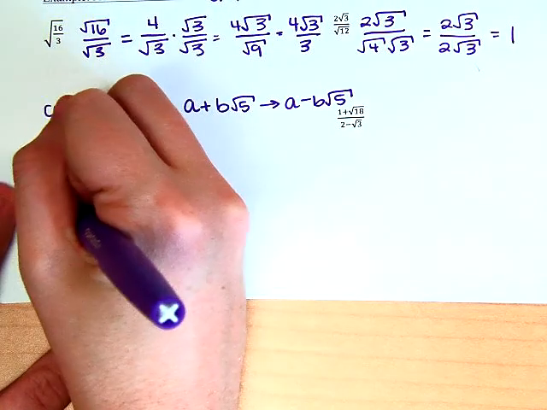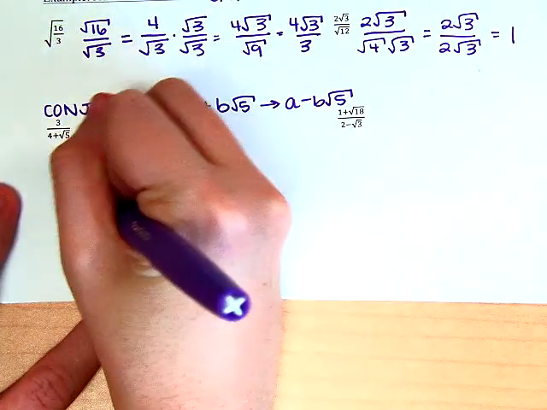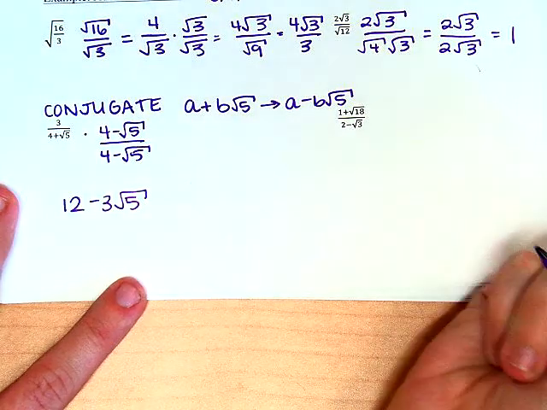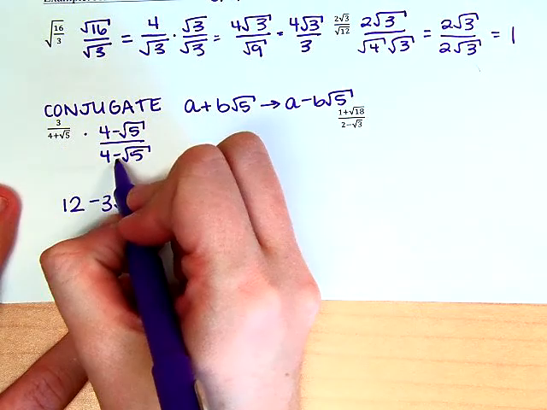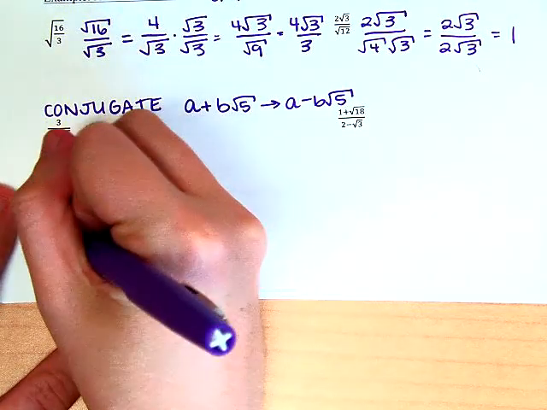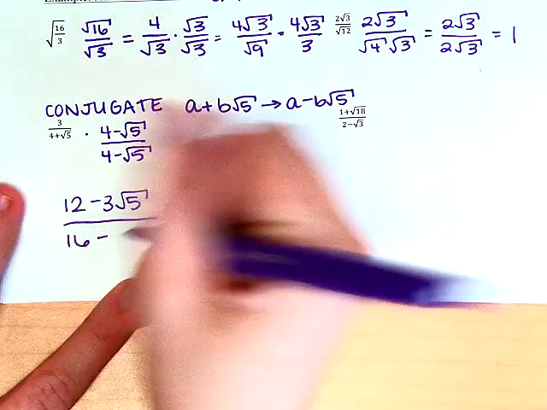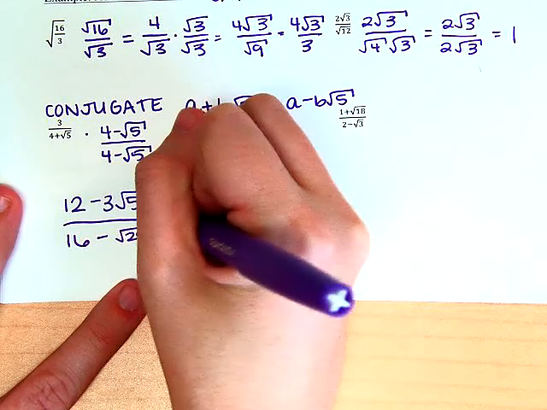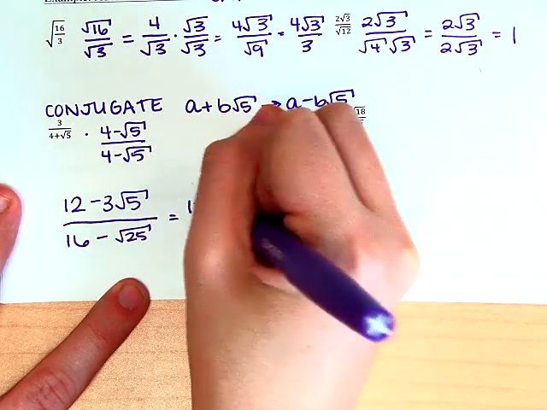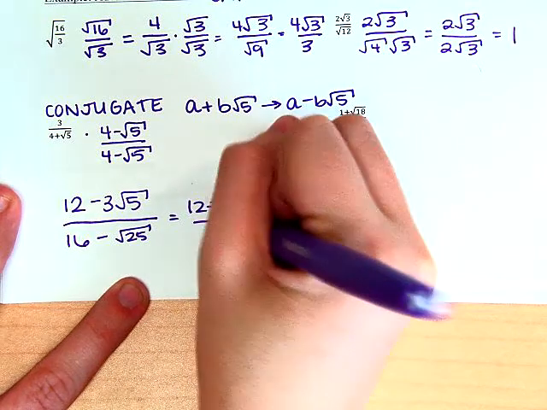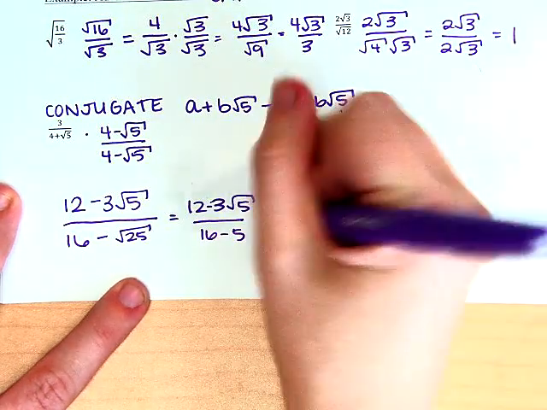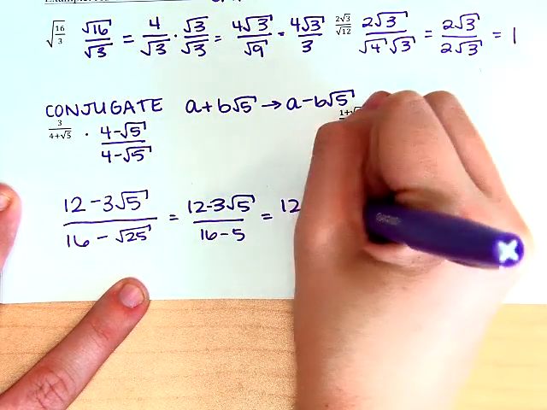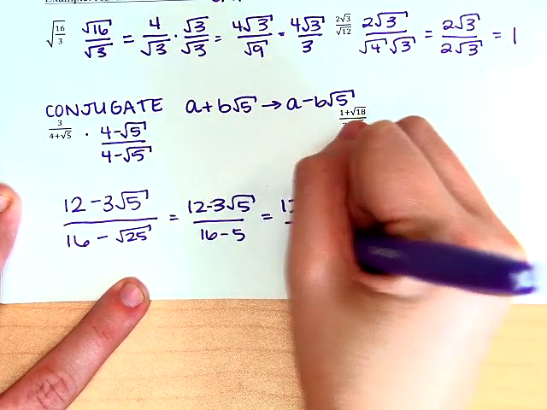So on the top I have 3 times 4 gives me 12 minus 3 square root 5. And the good thing about conjugates, you only have to do the first and the last. So we have 4 times 4 is 16 minus square root of 25. 16 minus 5, so I get 12 minus 3 square root 5 over 11.